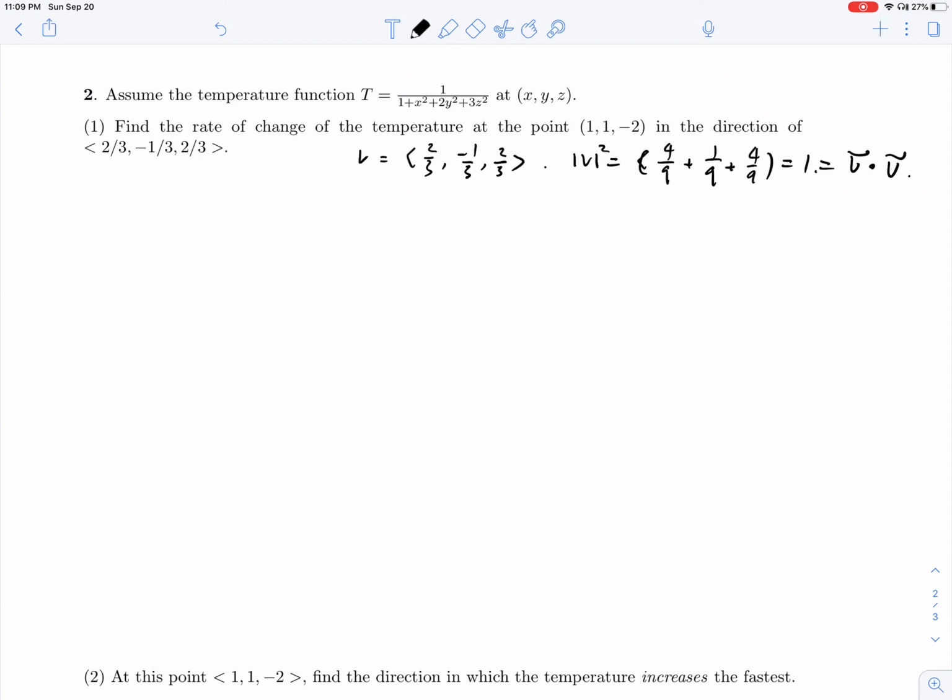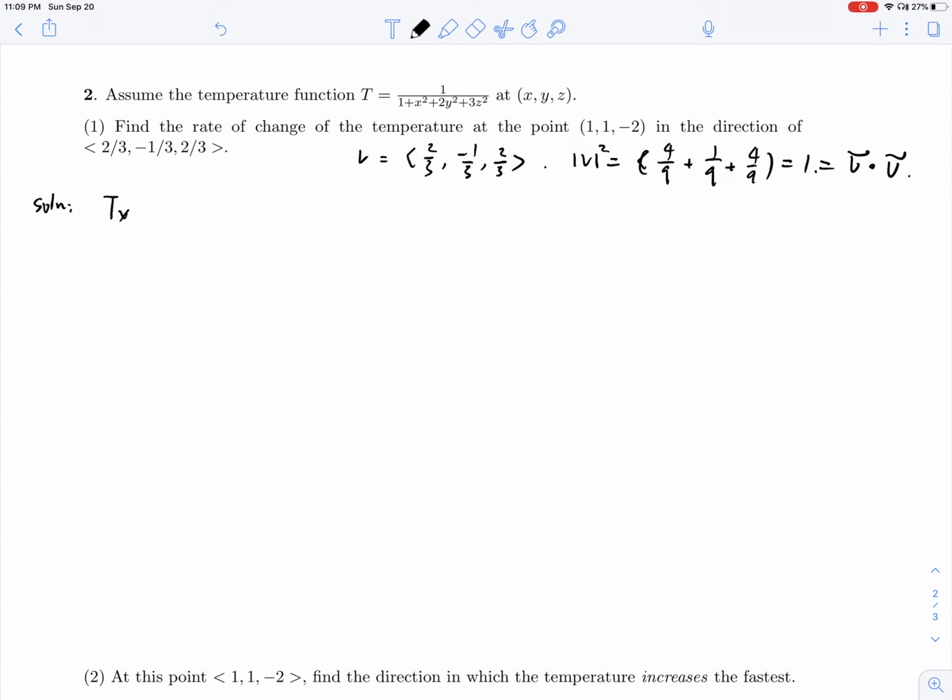And make sure of that, because otherwise the directional derivative won't be right. If the length is not 1, then you are not going to get the right derivative. Okay, so now we're going to find first the three partial derivatives.